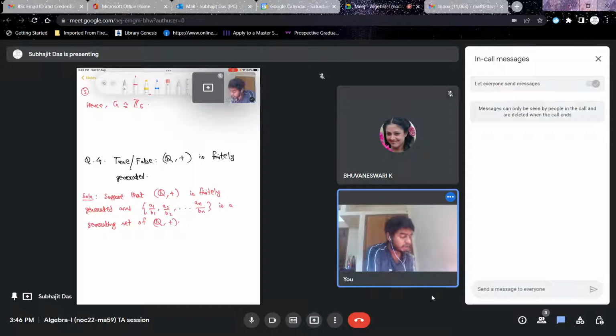Now the point is that B1, B2 up to Bn are all integers, right? We can take them to be positive. That doesn't matter because we can always take the Ai's to be negative or positive as we want. So the Bi's can be taken to be positive. They are either 1 or some positive integer greater than 1, right?